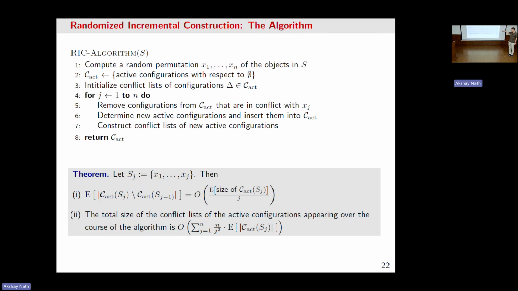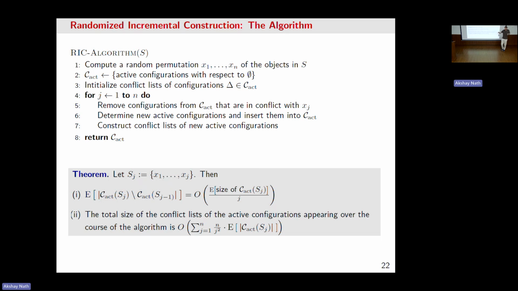So if I want to understand that, what is the technique I'm going to use? Backwards analysis. This says how many new configurations do I create when I add something? Now backwards analysis says, suppose I look at what I have now, so I fix Sj. How many configurations do I destroy when I remove something?